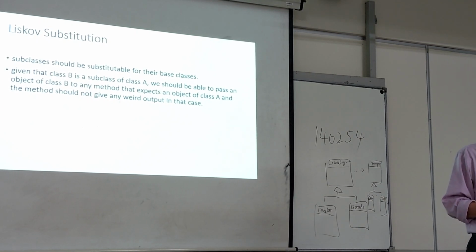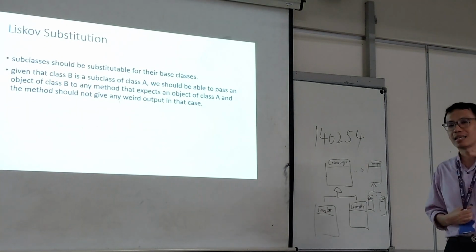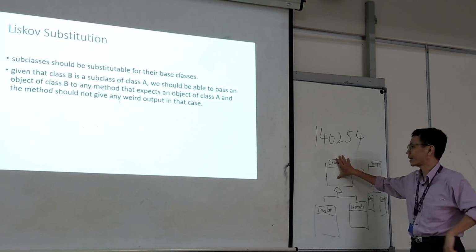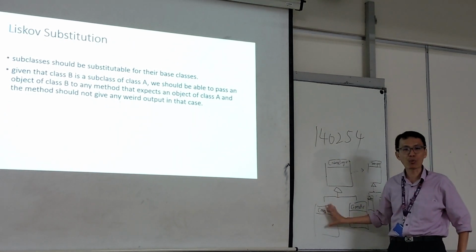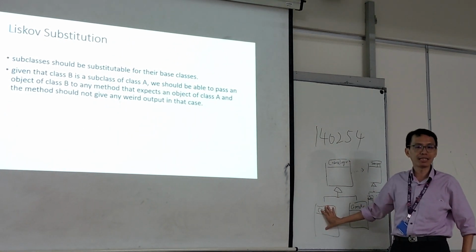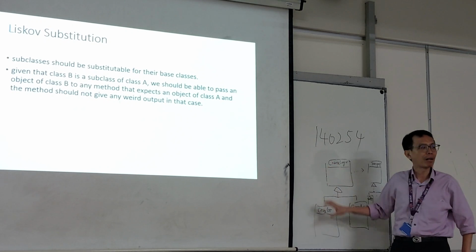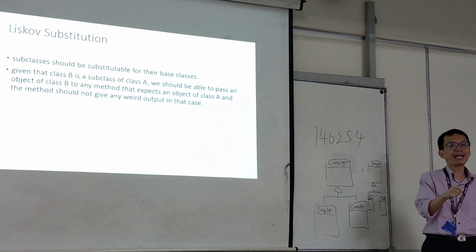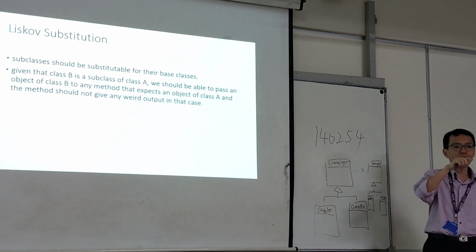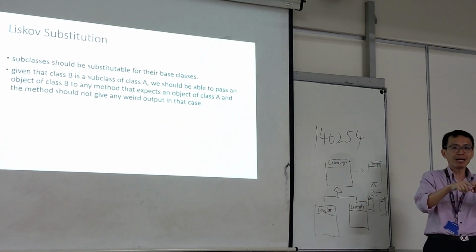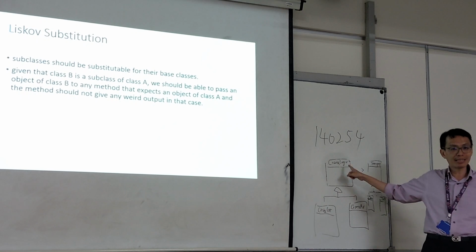Understand? For example, say this one is a rectangle class, and then I have a square class which is inherited from the rectangle class. But the problem is the square class has a rule that all the edges must be the same, am I right? A rectangle does not necessarily.